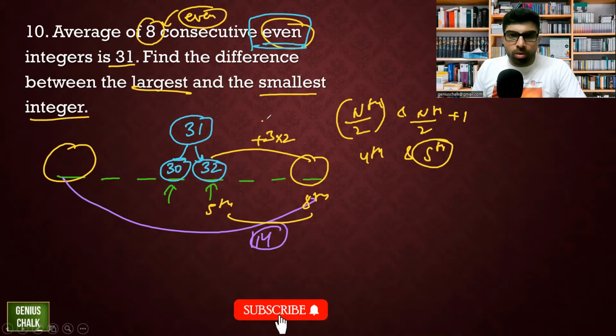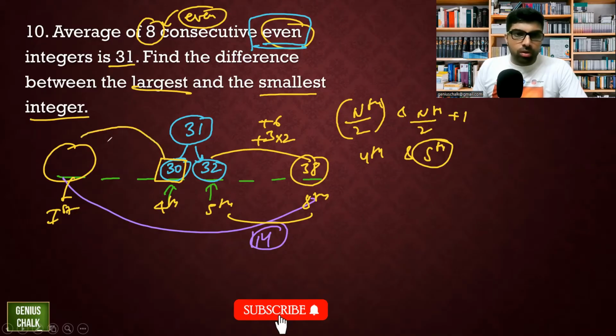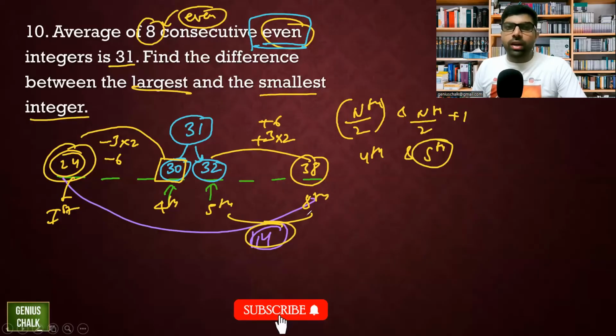So 32 plus 6, that's why it was 38. Similarly, this is 30, the 4th observation. Now you have to go to, let's say, the 1st observation. So you will go 3 steps back and each step has a difference of 2, so minus 6. That's why this is 24. So 24 and 38, the difference is 14. So this is one way to solve this type of question.